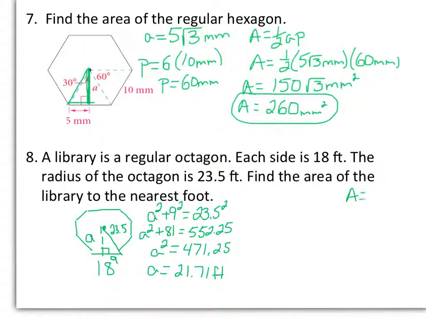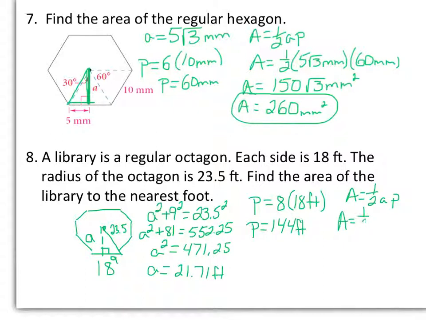Remember, area equals 1/2 apothem times perimeter. So let's find our perimeter. An octagon has 8 sides. Each side is 18 feet. So our perimeter is 144 feet. All right, now we have all the information to find our area.